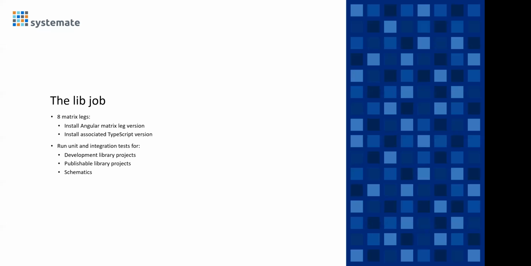The library packages themselves also have tests, of course. And even the schematics have unit and integration tests, as well as those end-to-end tests that are run in another job. So 8 different runs running the same source code and the same test code, but with different versions of Angular, and each one being run in isolation.